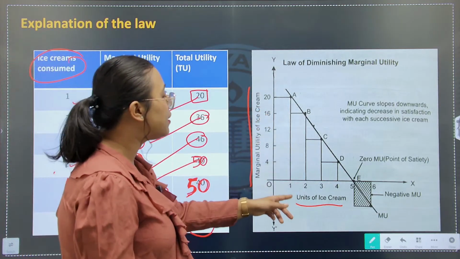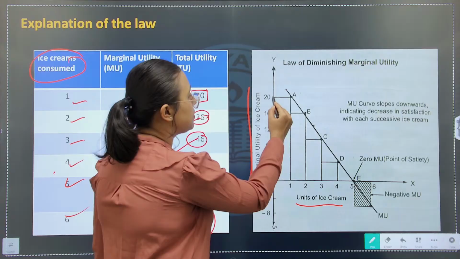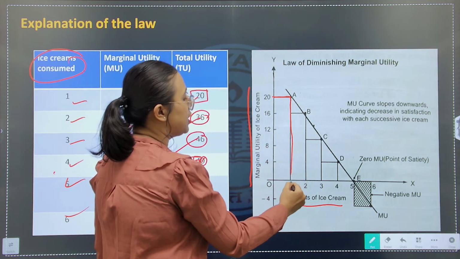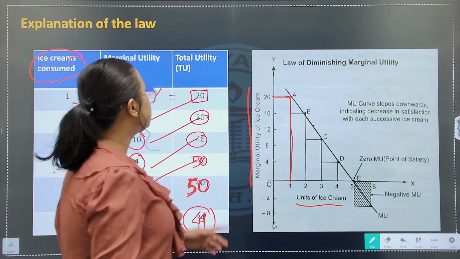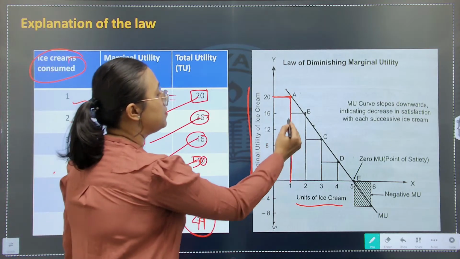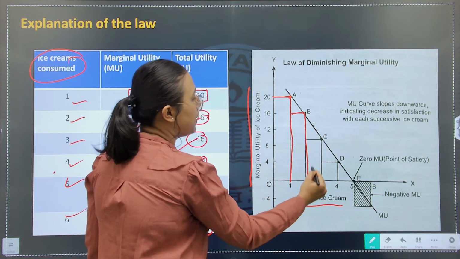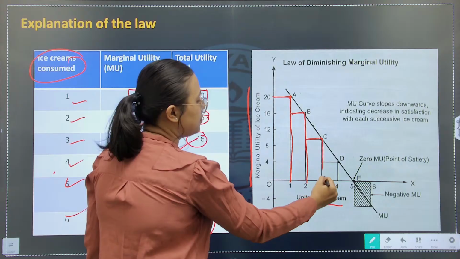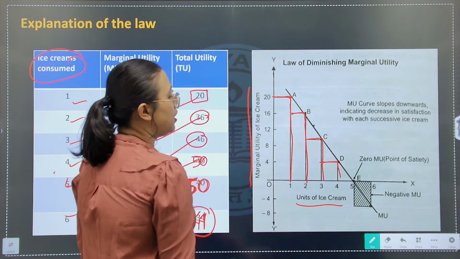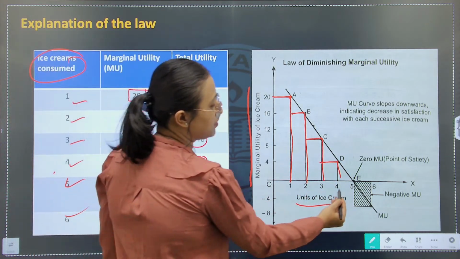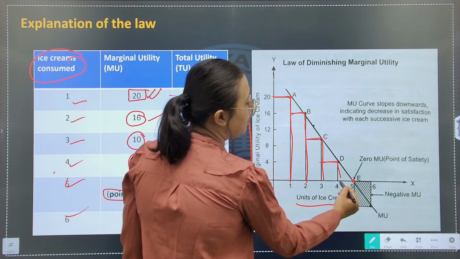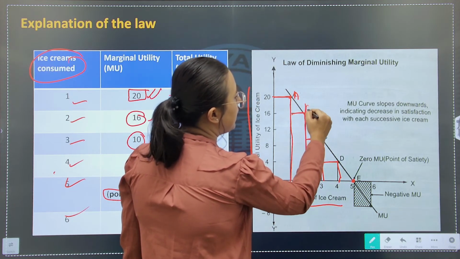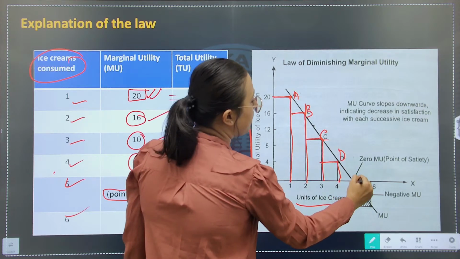So at the first unit of consumption we get maximum satisfaction, so 20. We are at point A. At the next unit, how much do we get? 16. We are at point B. Next unit, we got 8, next unit we got 4, and next unit we got 0. That means we will be at A, B, C, D, we will be at point E.